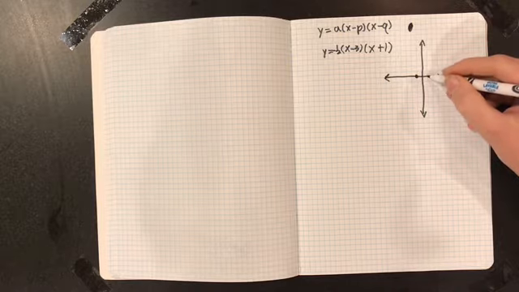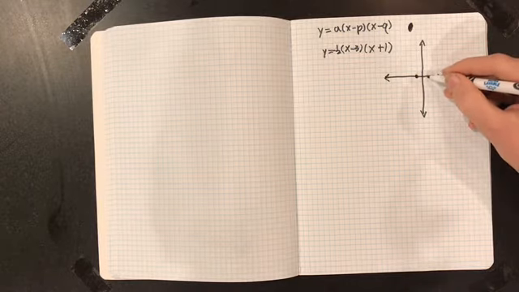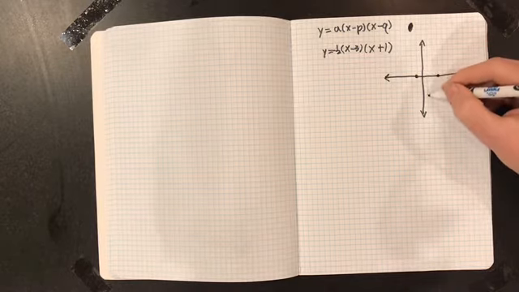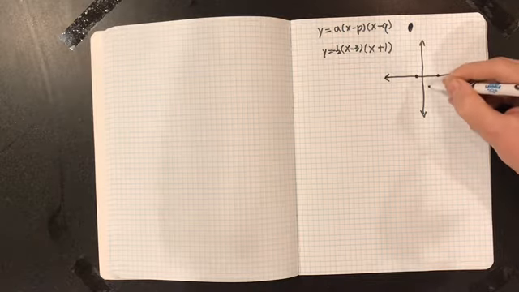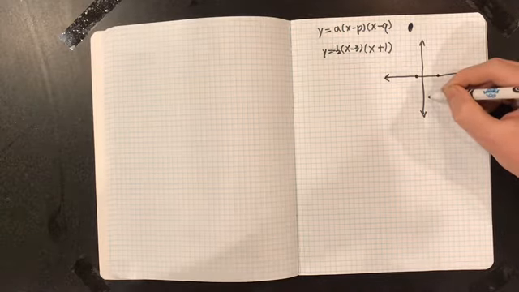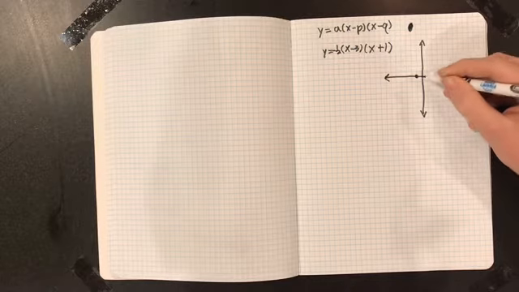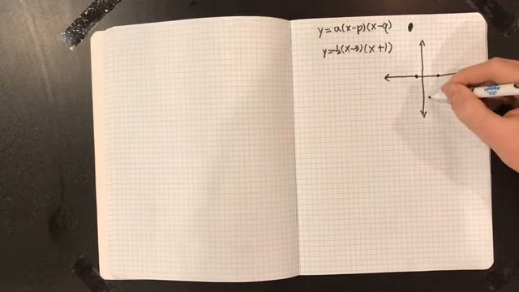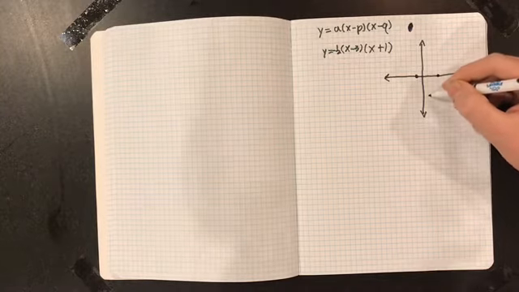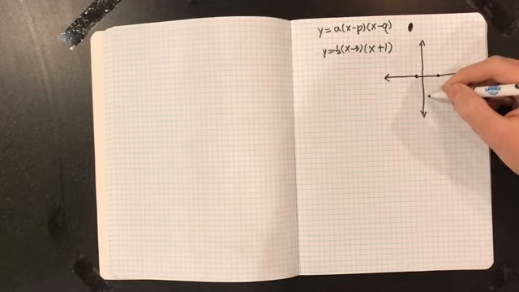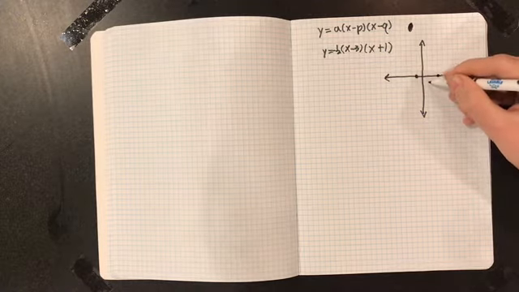So in a normal graph, we would go down 4, right? Because up 4 over 2 is a point. So in this graph, because it's 1/2, we would only go down 2.